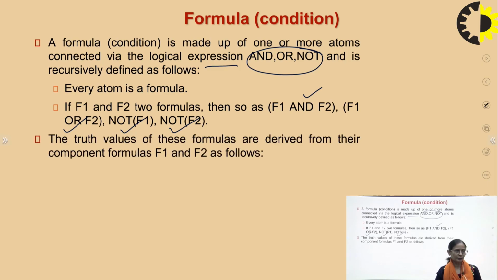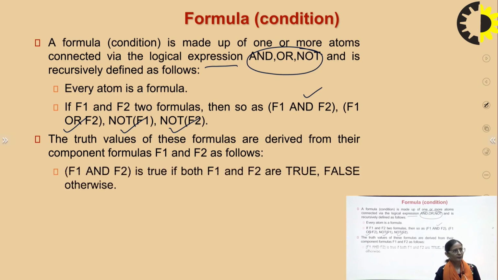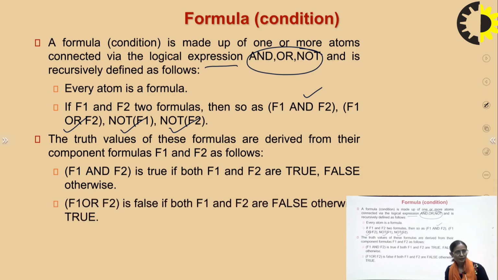The truth values of these formulas are derived from their component formulas F1 and F2. F1 AND F2 is true if both F1 and F2 are true, otherwise it is false. In the case of the OR operator, it is false if both F1 and F2 are false, otherwise it is always true.